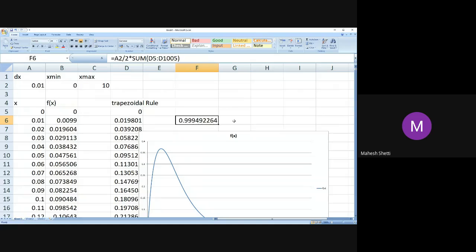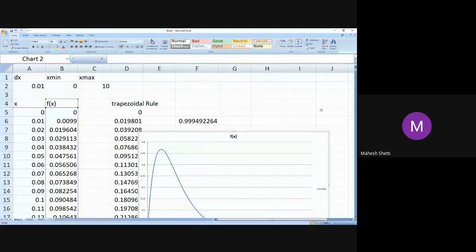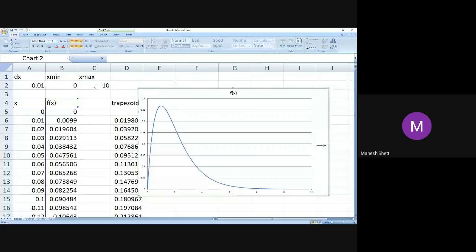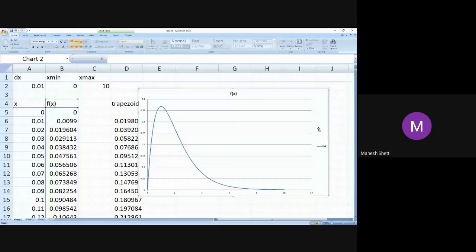So here I was showing a different part. Sorry, I probably did not make it that clear in the beginning. Changing the interval dx value is to check whether your method is becoming more precise or not. This special case, taking x max to 10, was only to check whether this improper integral I can evaluate nicely.